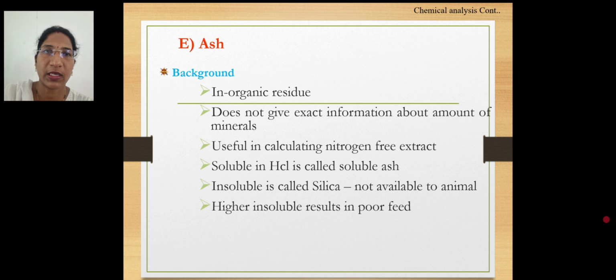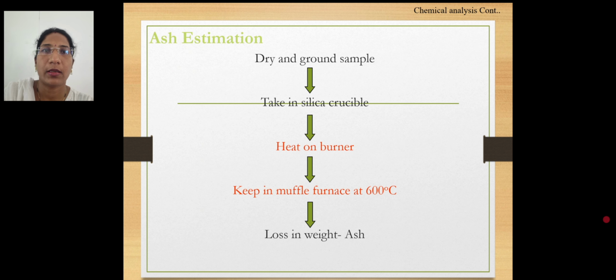The insoluble part is called silica, not available to the animal. Higher insoluble ash results in a poor feed.